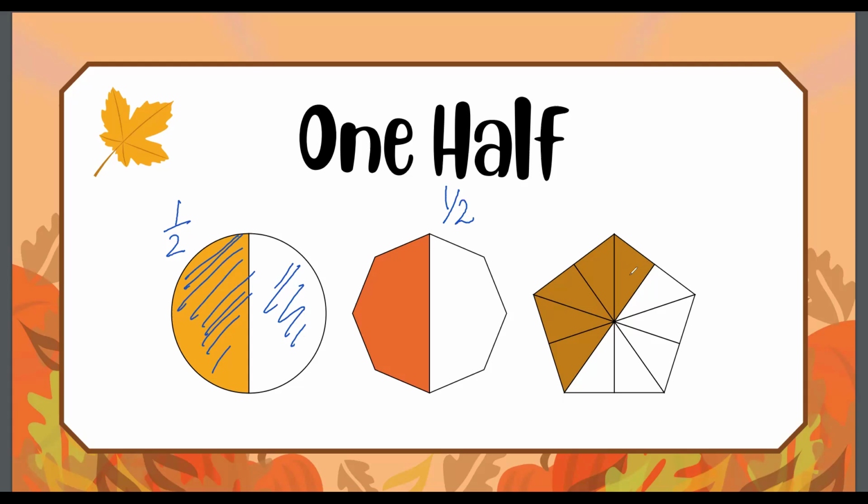You need to count the number of parts. 1, 2, 3, 4, 5: total we have 5 shaded parts, and 5 unshaded parts. That means they are equal. So this is one half. Half is shaded and half is unshaded. Okay, you got it now?